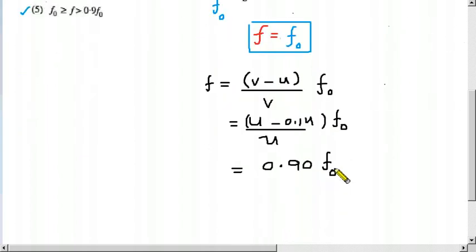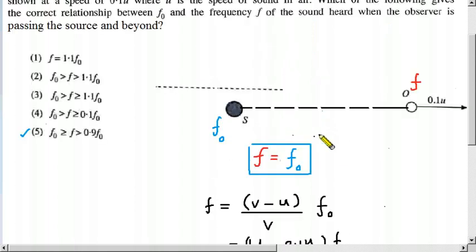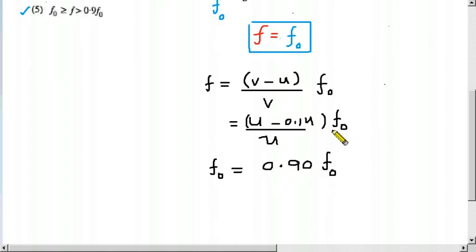So this is the frequency. We say frequency is decreased, but this is the minimum one. It can't go to 0. This is the minimum frequency.